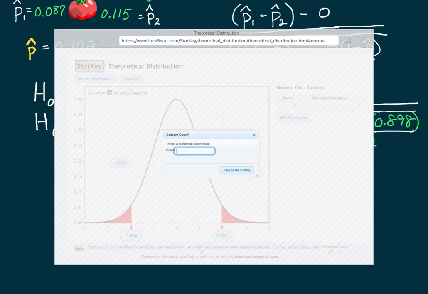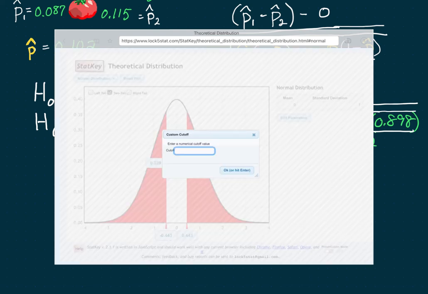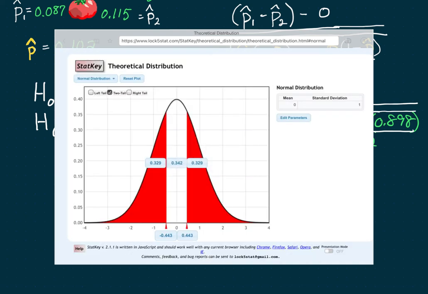So negative 0.443. Hit enter. And what is our p-value? Now, we have a p-value right above our test value, of 0.329, but remember this is a two-tailed test. We have to multiply that by 2. We have to account for all of this area and all of this area.